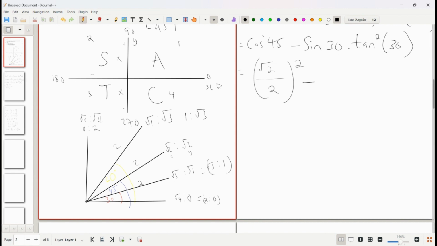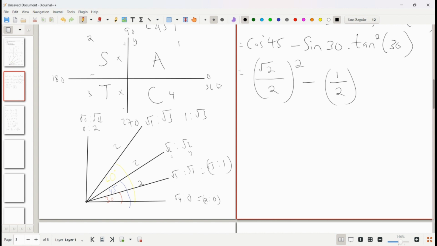Just rewriting it. So what is our hypotenuse? Our hypotenuse is always 2. Remember, sine is opposite, which is 1, divided by our hypotenuse, which is 2. So it will be 1 divided by 2, right? So 1 divided by 2 is the sine 30.